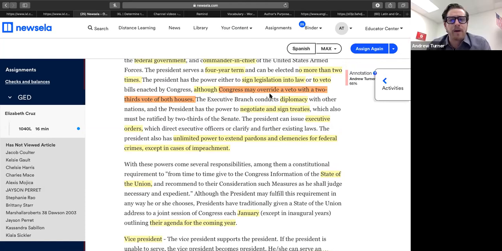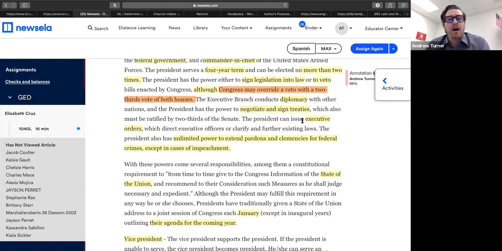Although Congress may override a veto with a 2/3 vote of both houses, the executive branch conducts diplomacy with other nations, and that's just being friends and negotiating different things with other nations. The president has the power to negotiate and sign treaties, which are official agreements, which also must be ratified by 2/3 of the Senate.